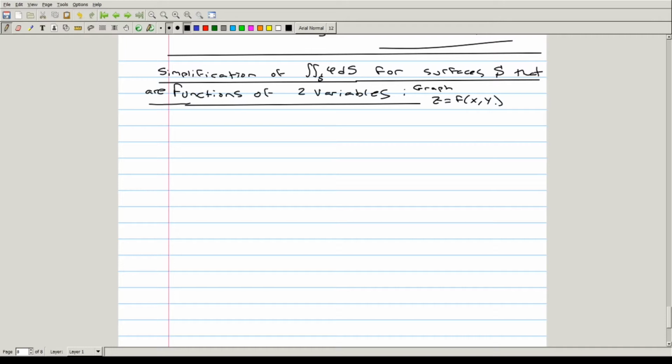Specifically, if we think about parameterizing the surface, so if this function is defined for x, y in some domain D in 2D space. D is a subset of two-dimensional space.